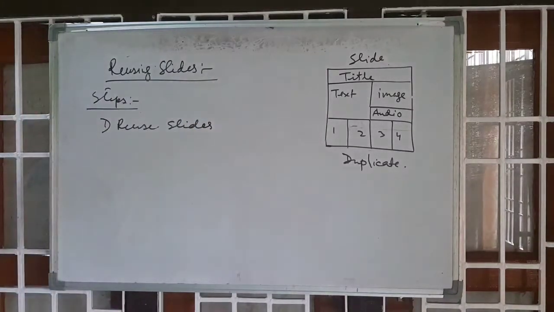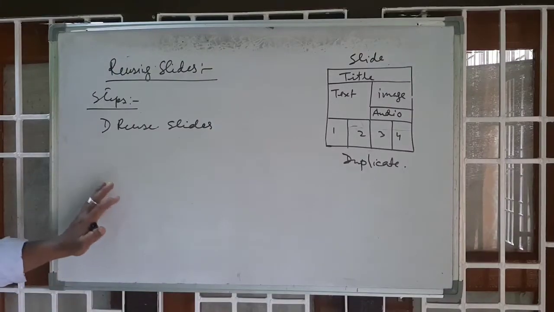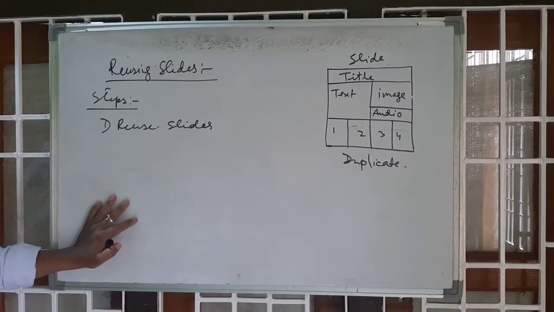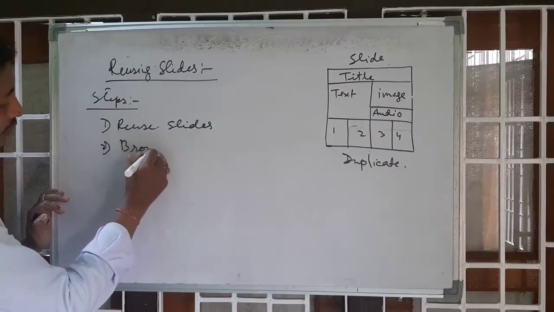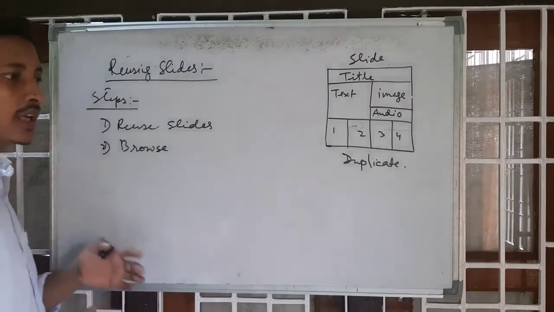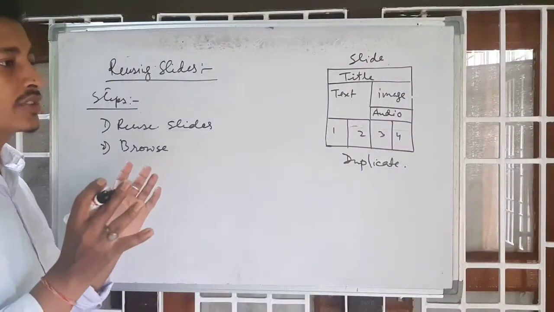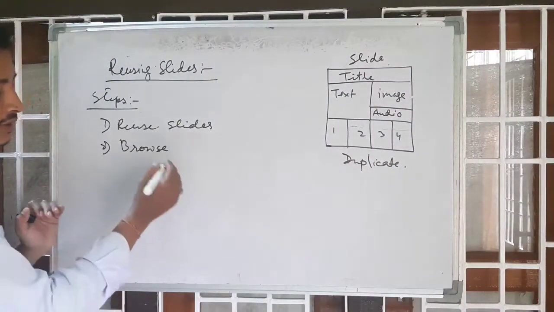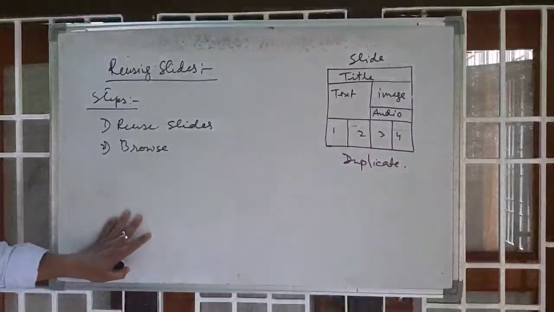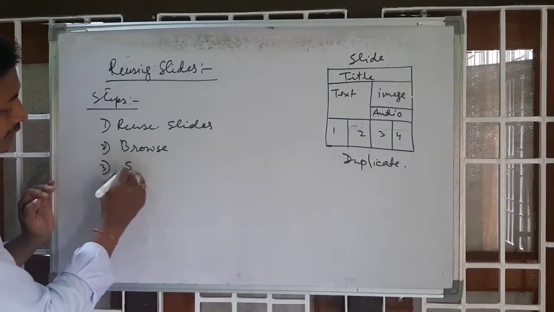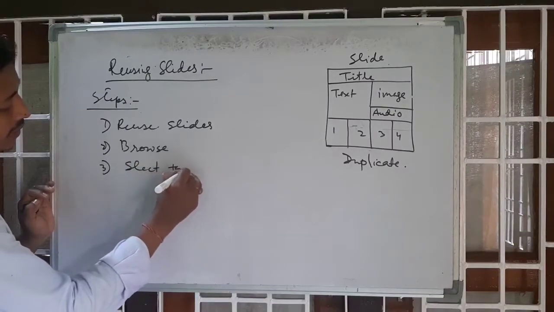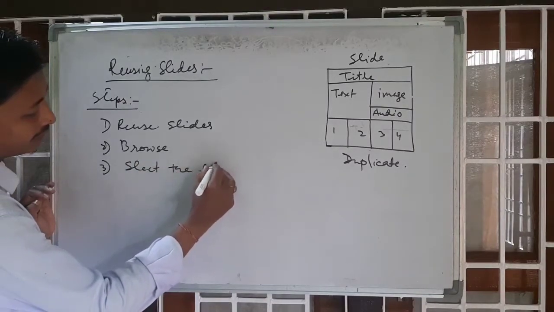After that, the reuse slides task pane appears. Click the browse button to select the file, and number 2 is browse. Browse means you want to search for the particular slides. After that select the file, number 3 is select the particular file.